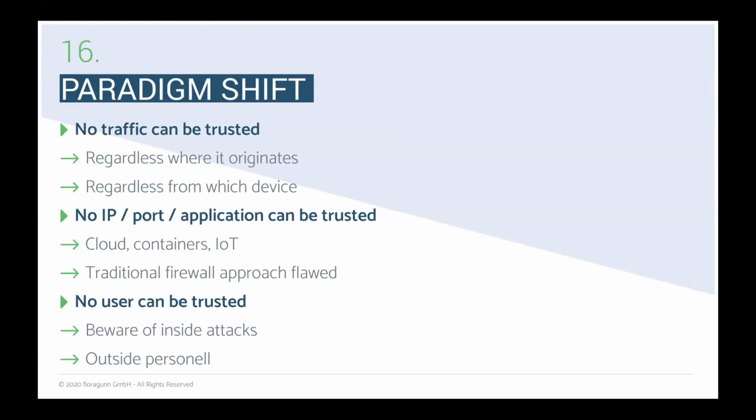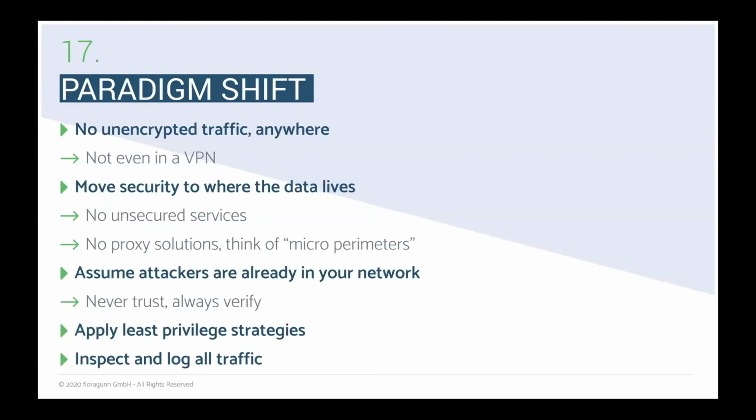So one person from the inside can do a lot of harm. So that means you can't have any unencrypted traffic anymore anywhere, not even inside your own infrastructure. So the goal should always be to have end-to-end encryption.